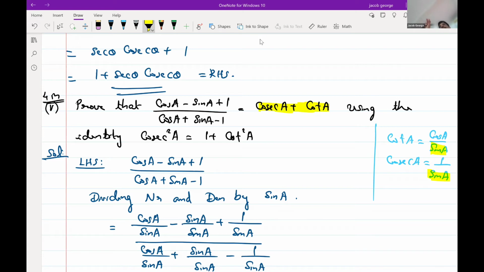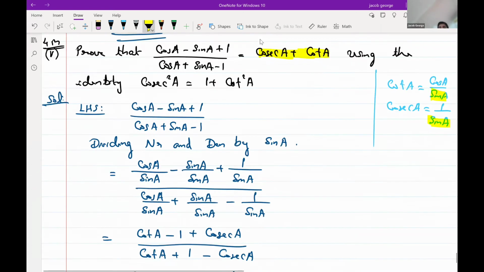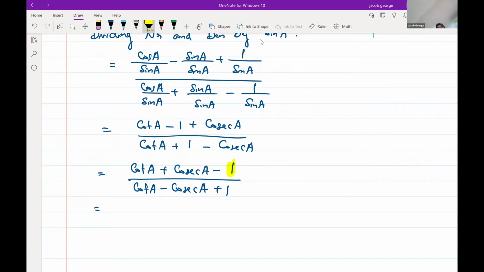So if the RHS is an expression in the numerator, we replace the numerator 1 using the identity connecting cosec and cot. What is the identity which connects cosec and cot to get 1? Which identity? 1, 2, or 3? Third identity.